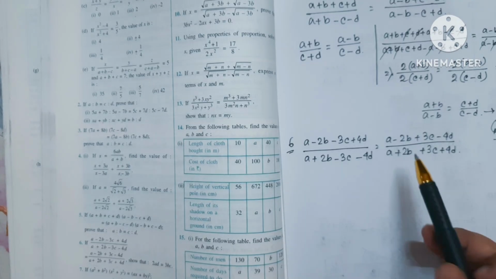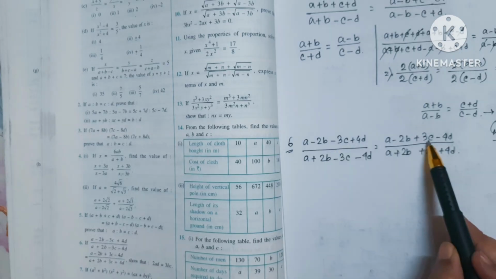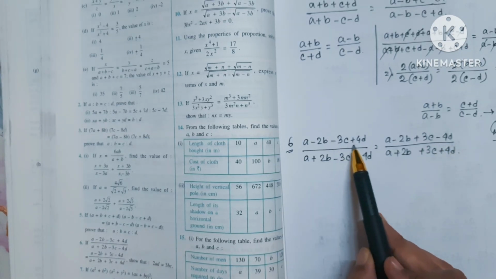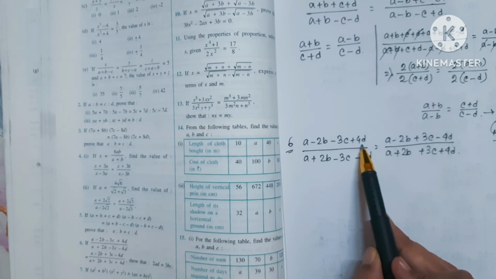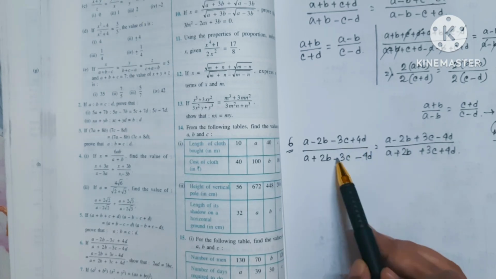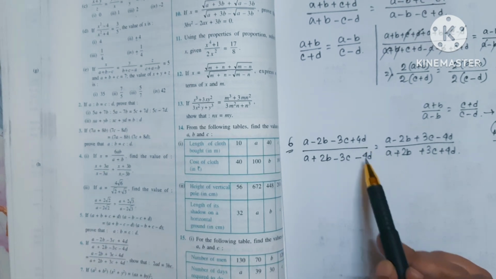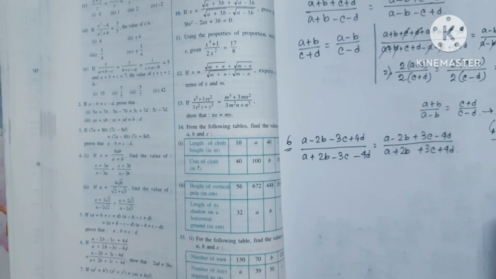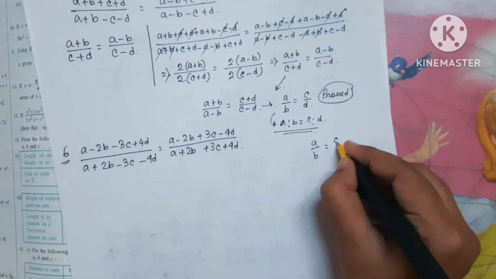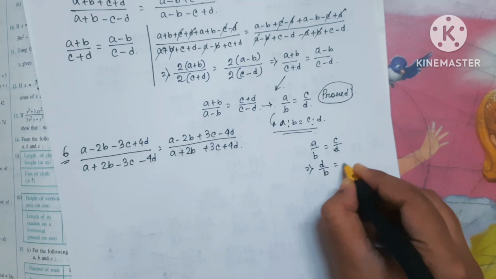Now see, a minus 2b, a minus 2b. Okay. 3c minus 4d here, and here minus 3c plus 4d. Okay. So, I'm choosing this one by that one and this one by that one. Why? Because in this kind of thing, a by b equal to c by d, you can exchange these two places: d by b equal to c by a.